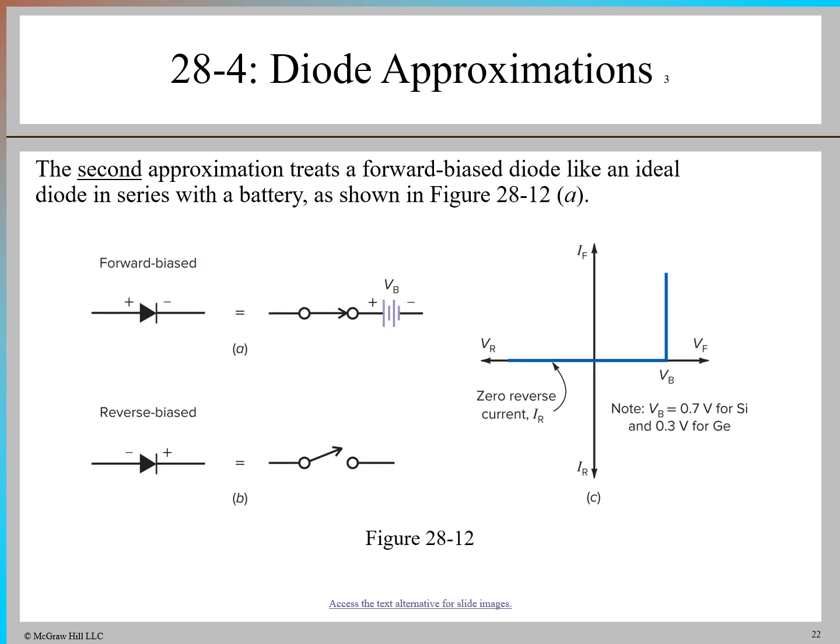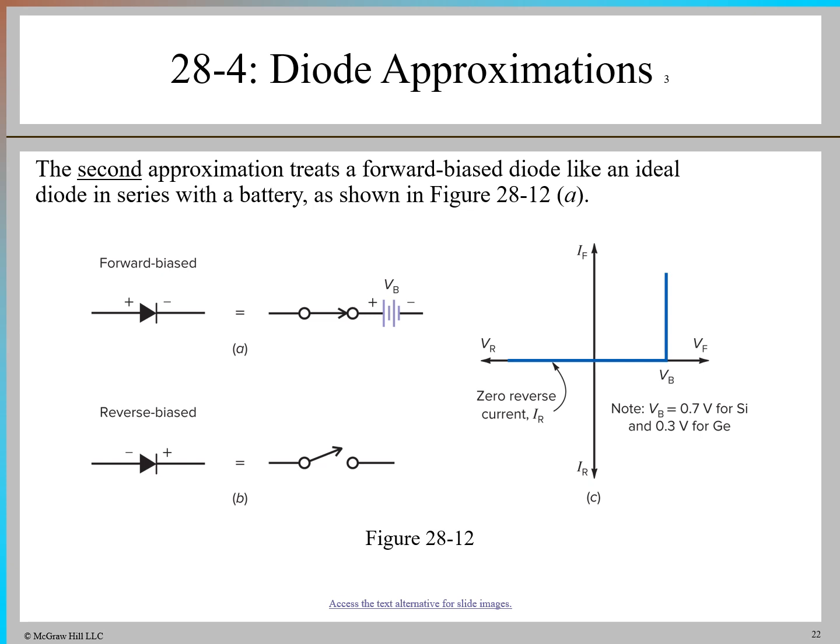The second approximation models a forward bias diode as an ideal diode in series with a 0.7 volt battery, reflecting the barrier potential of a silicon diode as shown in figure 28-12A. In reverse bias, the diode is still treated as an open switch with no current flow, as shown in figure 28-12B.